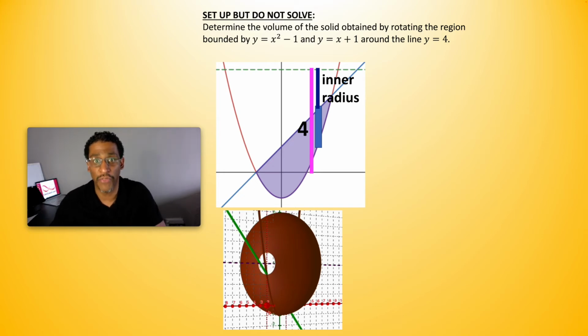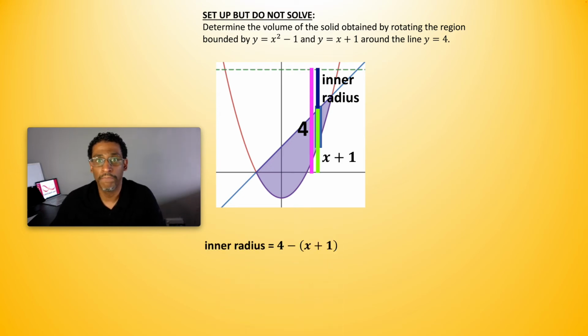And then the difference there would be the distance up to the line, and that's the line x plus 1. So what is the inner radius going to be? That's your unknown. Well, you start with your 4 and you subtract off your x plus 1. That'll give you your inner radius, which simplifies to 3 minus x.